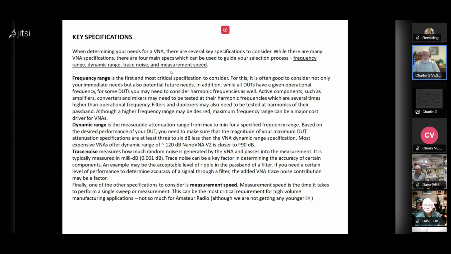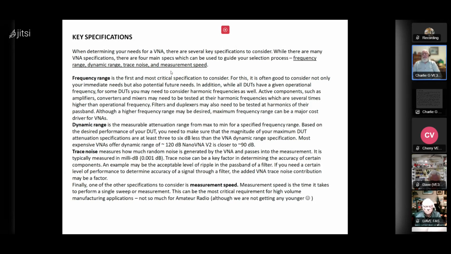But also, in some cases, when you're looking at things like mixers and so on, you have to consider the harmonics. So having something that goes up to 10 megahertz might be just fine if you're doing measurements at say 7 megahertz at 40 meters.